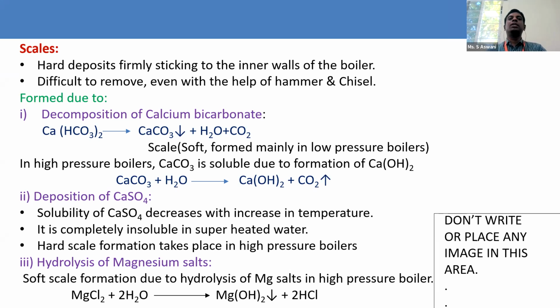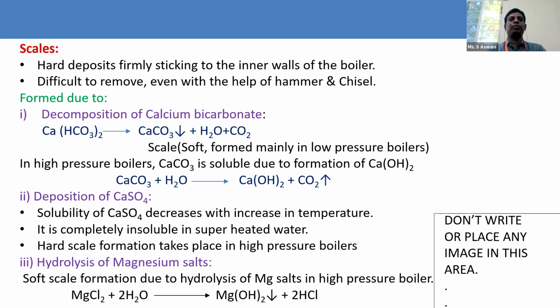When decomposed, it can form calcium carbonate, and magnesium bicarbonate. These bicarbonates cause the scales. That is one possibility. The second possibility: calcium sulfate, magnesium sulfate, iron sulfate, aluminum sulfate, this type of sulfates cannot dissolve at higher temperature. That's the reason there is a possibility of scale formation.